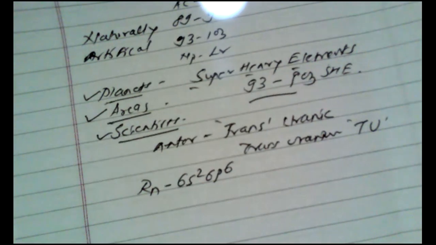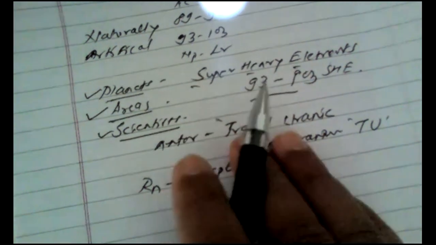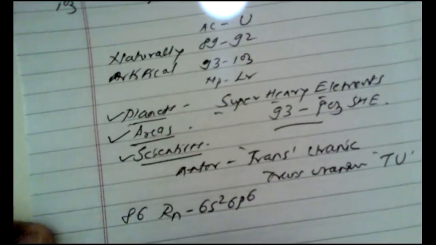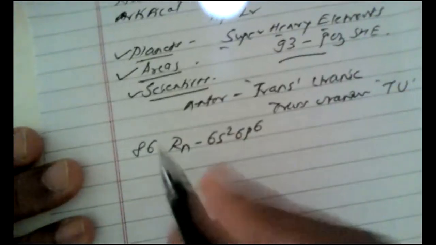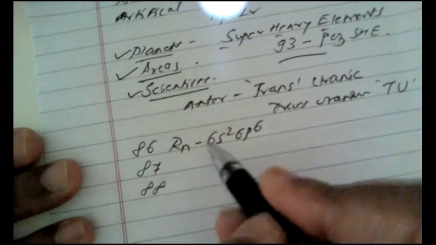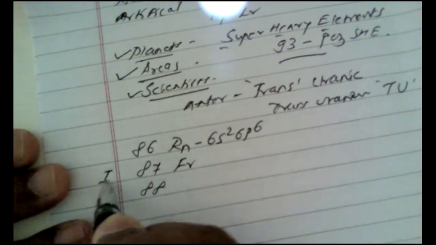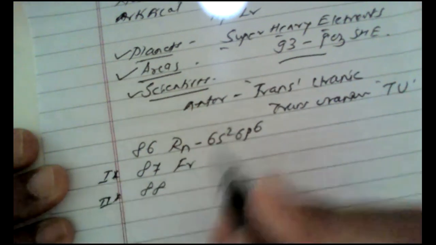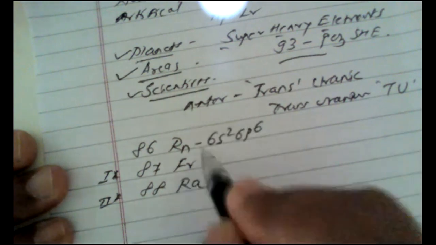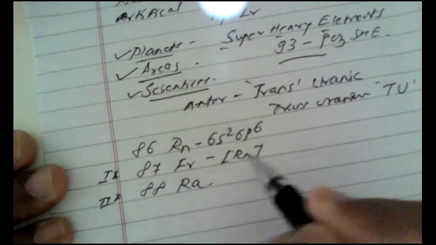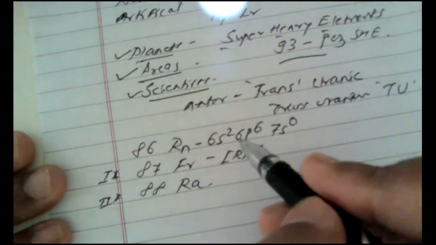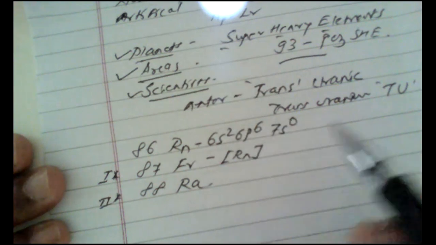Radon has atomic number 86. Now we have to write atomic number 87 and 88, francium, the first A group element, and radium, the second A group element, atomic number 88. In terms of the radon configuration, the next higher energy orbital available after complete occupancy of 6p is 7s.